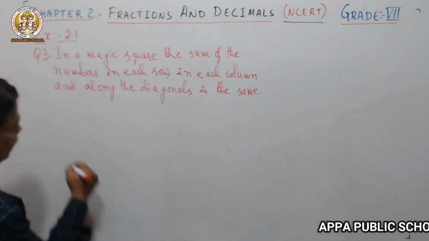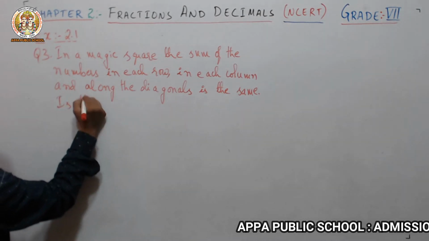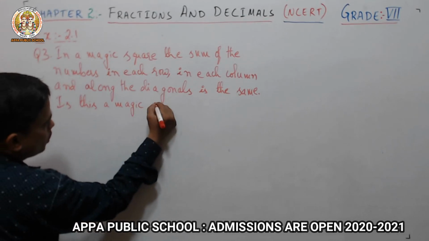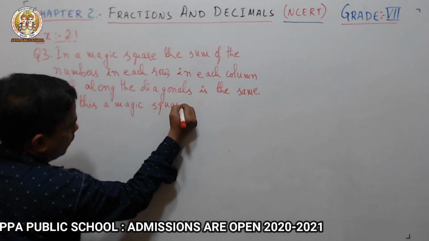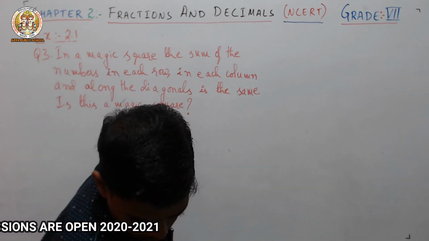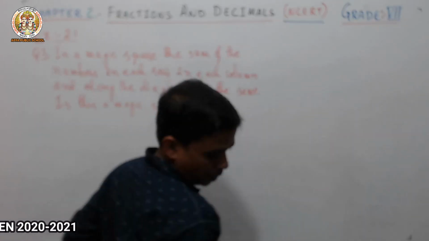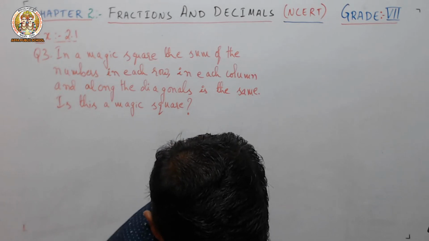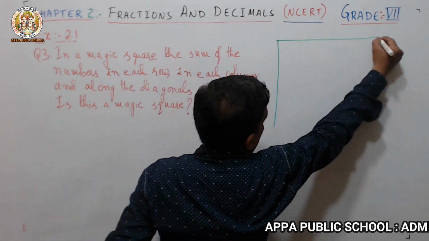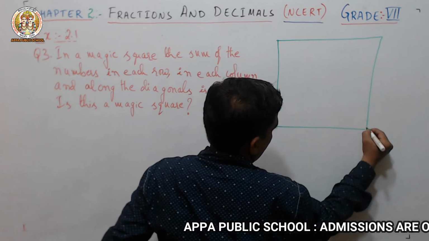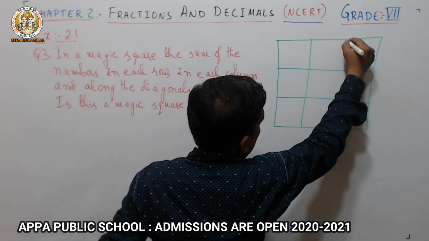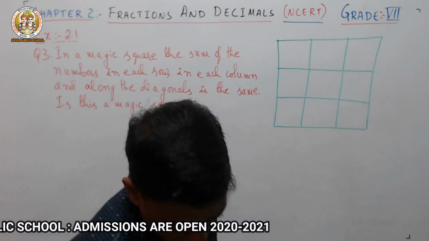Is this a magic square? So he has given the magic square box. I'll write the numbers.